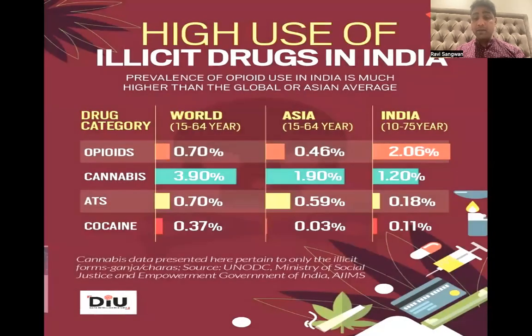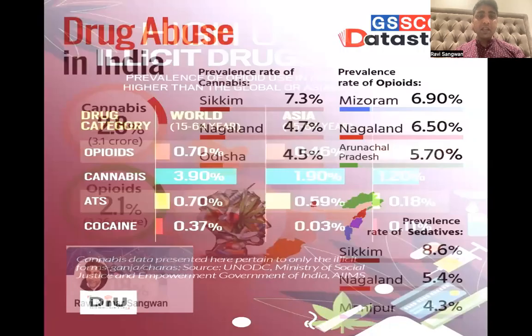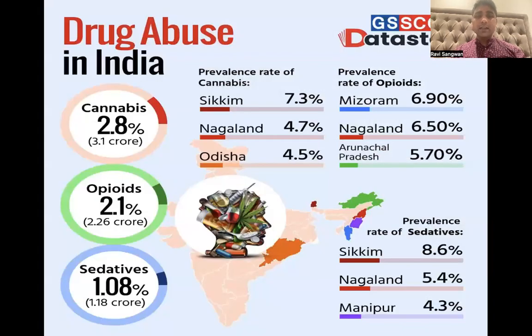So, drug abuse in India. There are some parts which have high use of cannabis, opioids, and sedatives. Cannabis mostly is in Sikkim, Mizoram, and these parts of India, and also opioids.